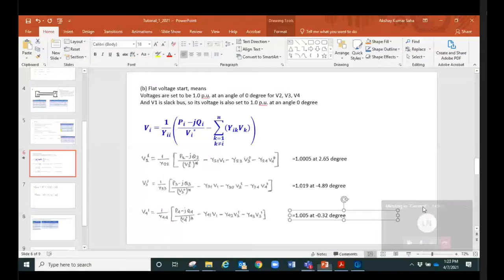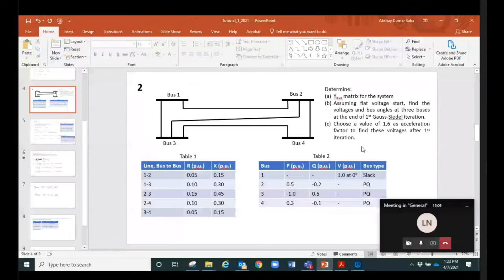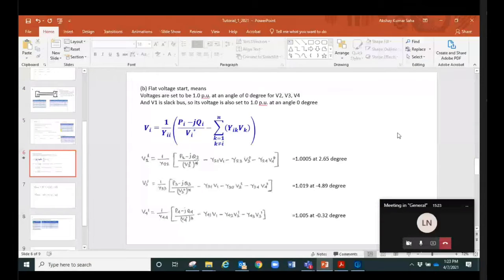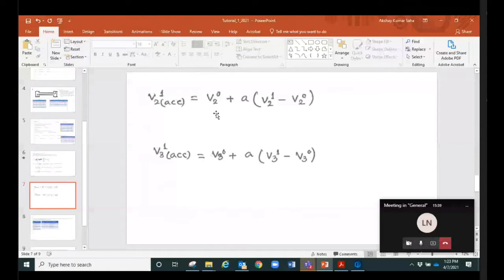So our formula: V21 using acceleration is V20 plus the acceleration factor A times V21 that we got already, minus V20. So put these values and calculate and tell me quickly V21 accelerated.